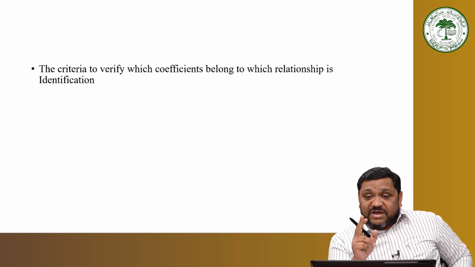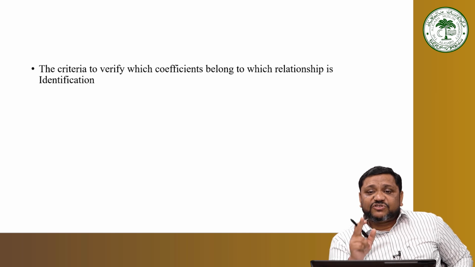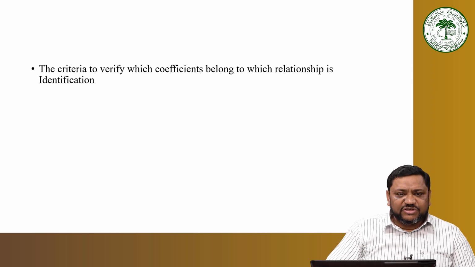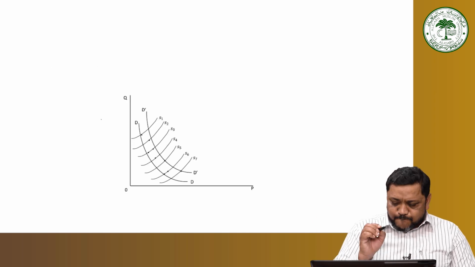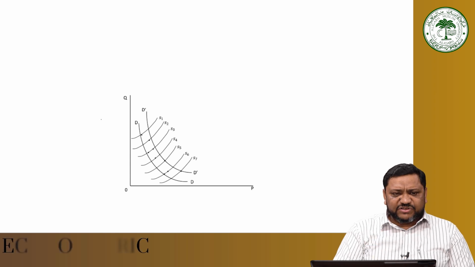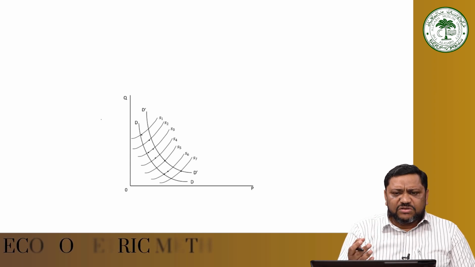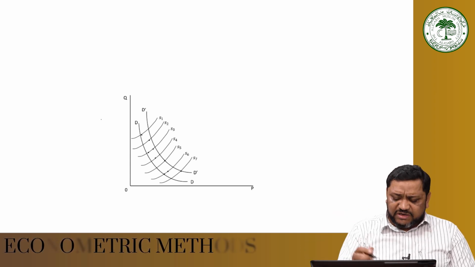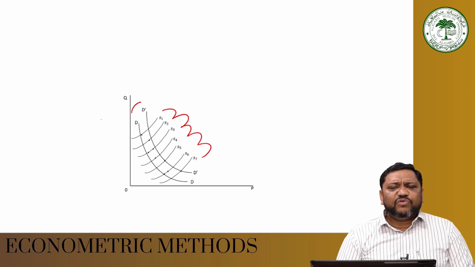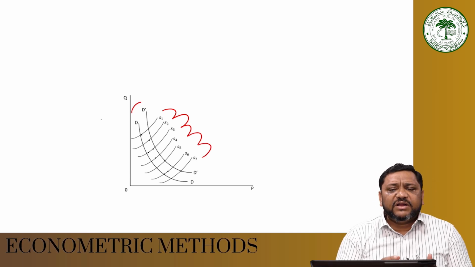So, we must have information on the shifts of the demand and supply curves in order to be able to identify the coefficients of the relationship. Meaning thereby, in this curve, the demand curve is shifting only once, but the supply curve is shifting multiple times, while the demand curve is shifting only one side. So we can say that the demand is relatively stable.